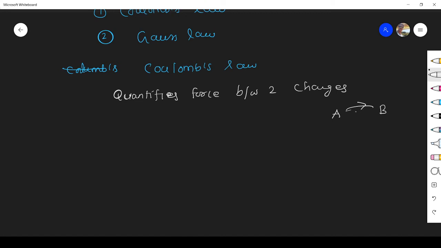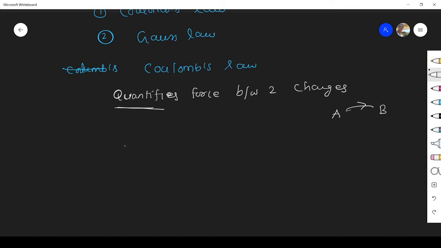But if we have some quantity to measure that, if that quantity is high, we can say B felt so much pain, or if the quantity is less, we can say B felt very little pain. So I want some quantification of the force. That quantification of the force between the two charges is given by Coulomb's law.